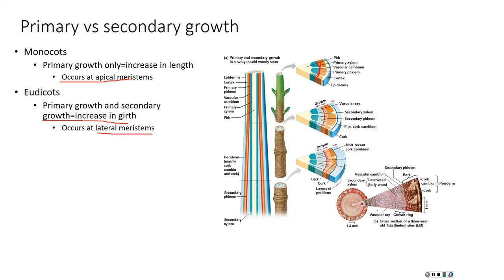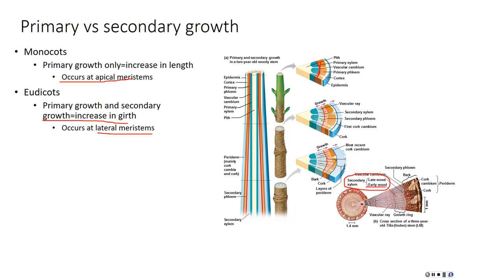And the reason you can distinguish these clear growth rings is because this secondary xylem is put down throughout the year. And early in the year, we have what's called early wood. In the early wood, which is earlier in the spring, the diameter of the xylem is much larger because there's more water available, and so it appears lighter.